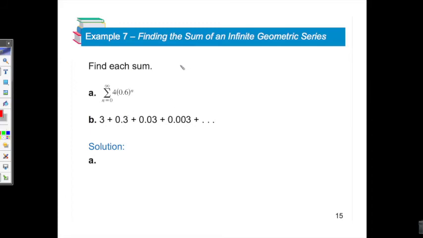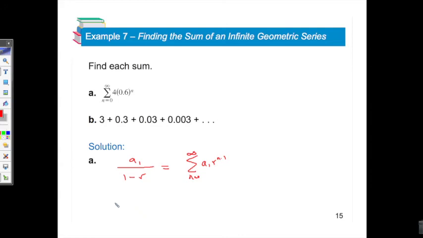I'm going to use my formula, which tells me that I should be able to do a sub 1 over 1 minus r, simply because this is the summation of an infinite series. And there we go. A sub 1 times r raised to the n minus 1. Cool. So let's just plug some values into here.